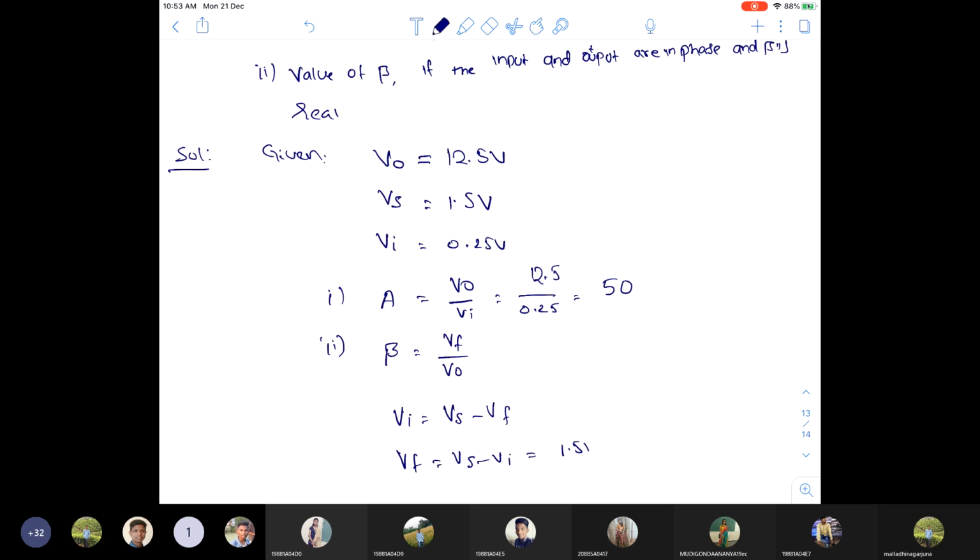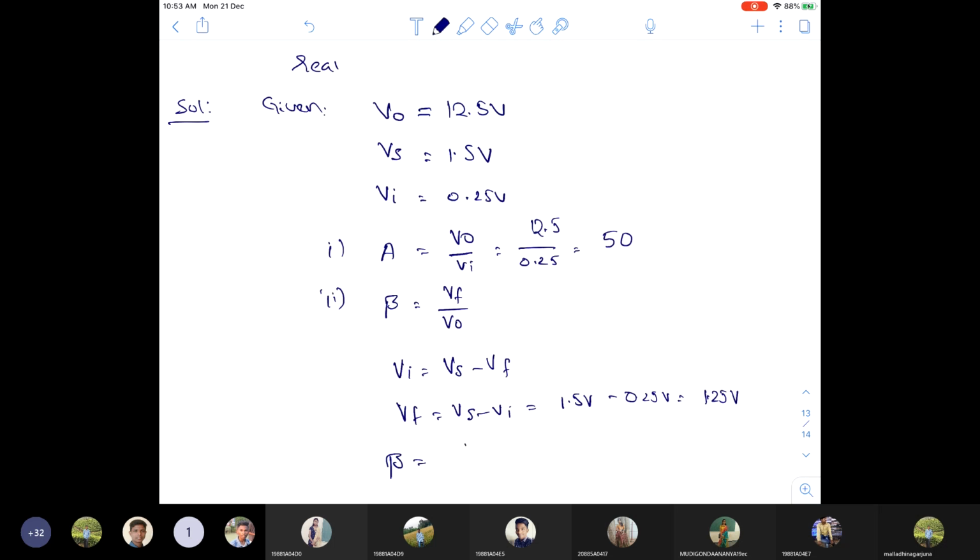Vs is 1.5 volts minus 0.25 volts. How much do you get? 1.25 volts. Am I right? 1.25 volts. Now substitute. Beta is equal to 1.25 by V naught, which is 12.5. How much do you get? 1.25 by 12.5 is 0.1.